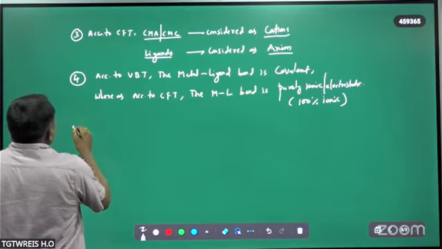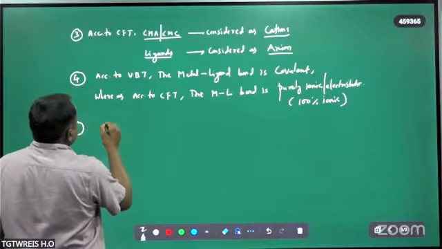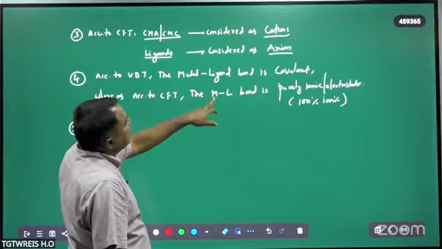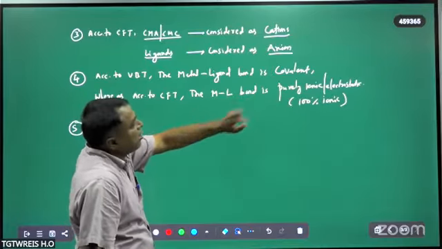And now, according to crystal field theory, what kind of bond is there? The metal to ligand bond is purely ionic or electrostatic. That means 100% ionic.